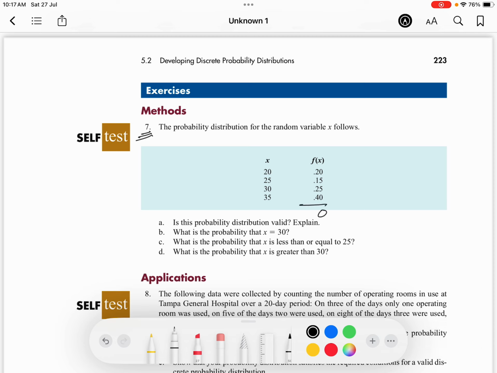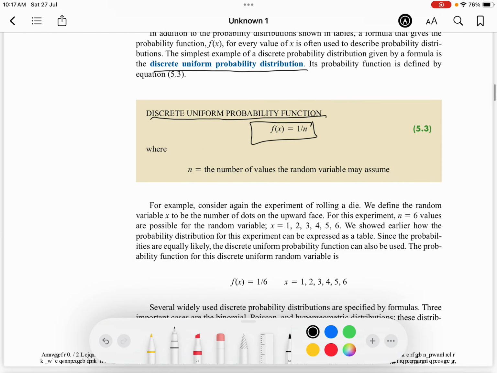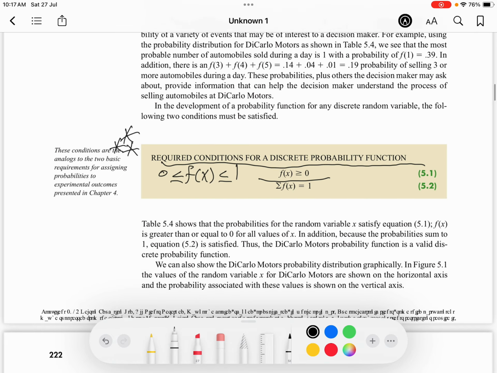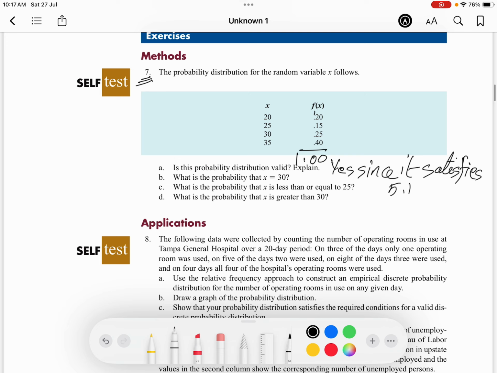How much? 0.1, 0.3, 0.4, 0.2 is 1.0. Yes, since it satisfies 5.1 and 5.2.